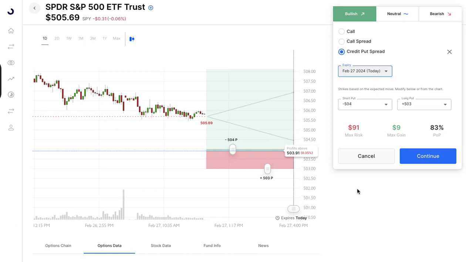Let's say it finished 504 and 5 cents, and then after hours it was down 10 cents and it was below that 504 strike. You would have that uncertainty. Do I exercise the 504 call because I don't know if I'm going to be assigned on the 504 put or not?